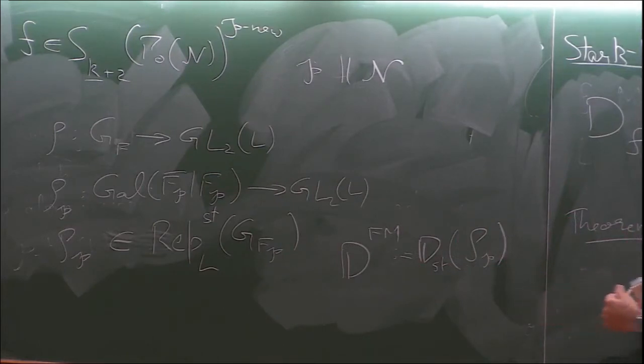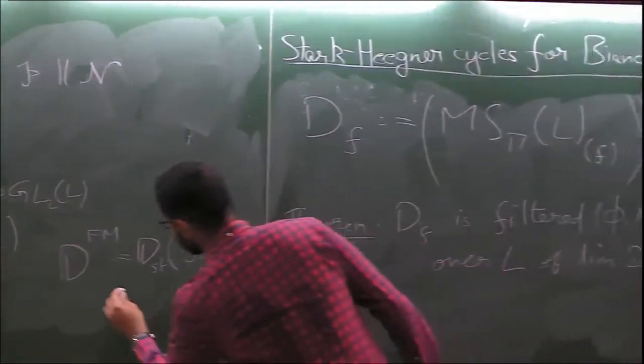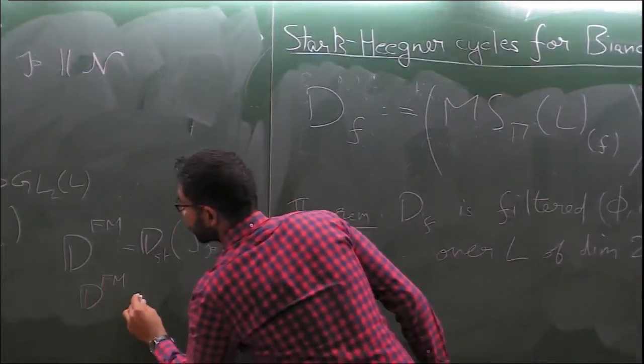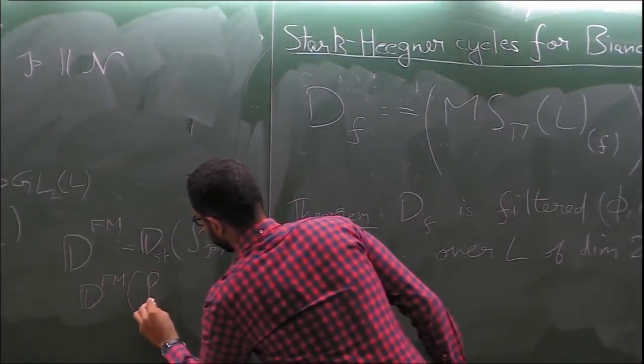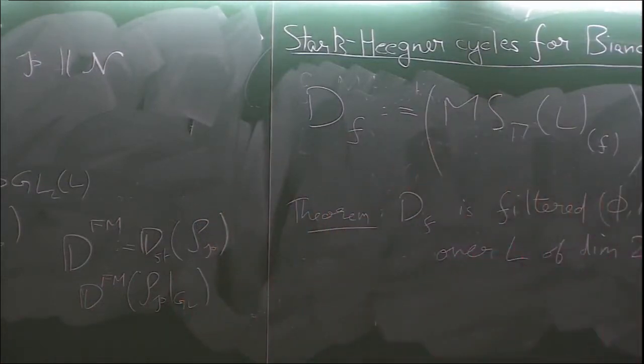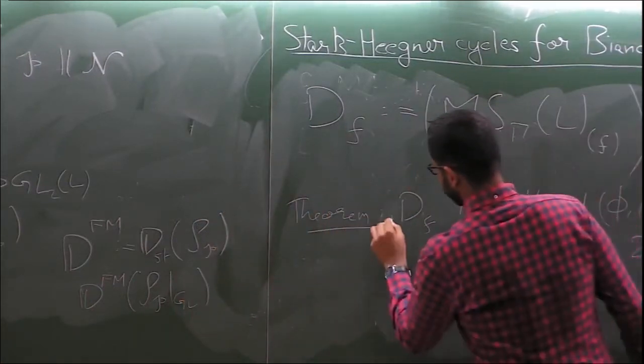Then I can look at its restriction to L, or I can restrict this representation to G_L. So I'll look at this as D_FM of rho P restricted to G_L. And so this is part one.